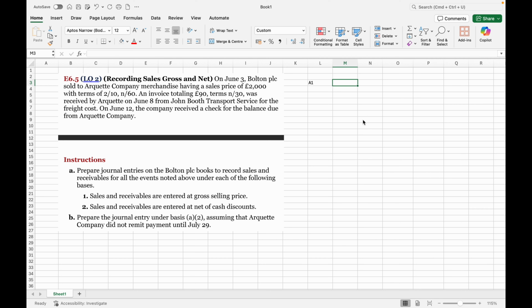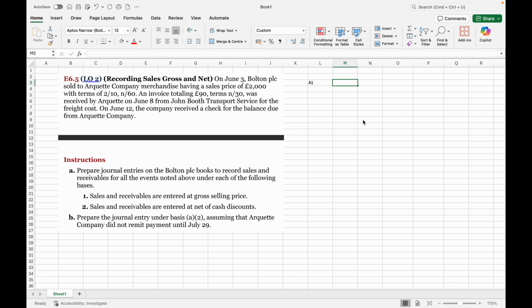After we know that the client has actually used the discount within the appropriate terms, then we will recognize the discount that we have lost from our revenue. But first we will say that the sales price is 2,000. That is why we will be recording everything at 2,000 first, because we don't actually know whether or not our client will use the discount and be able to pay the amount within the appropriate discount terms.